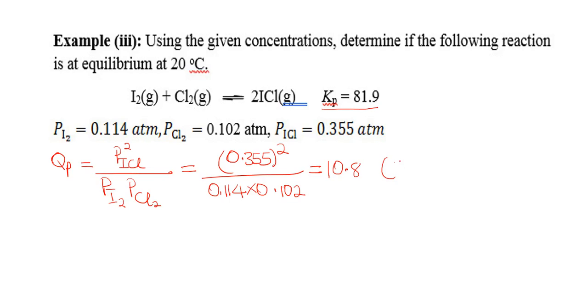Take note, here we are using 3 significant figures. So the Qp is 10.8. Now what do we see here? We see that Qp, which is equal to 10.8, is less than the Kp, which is 81.9.